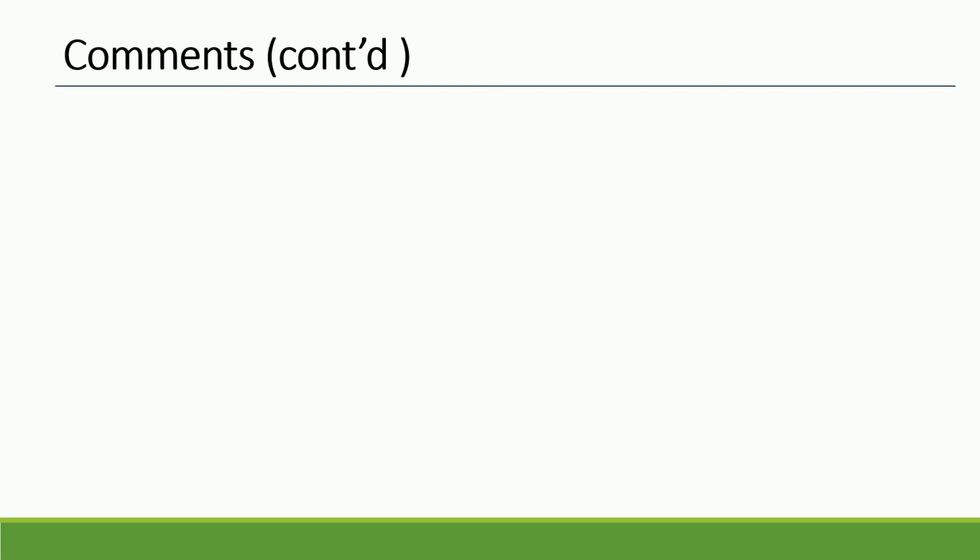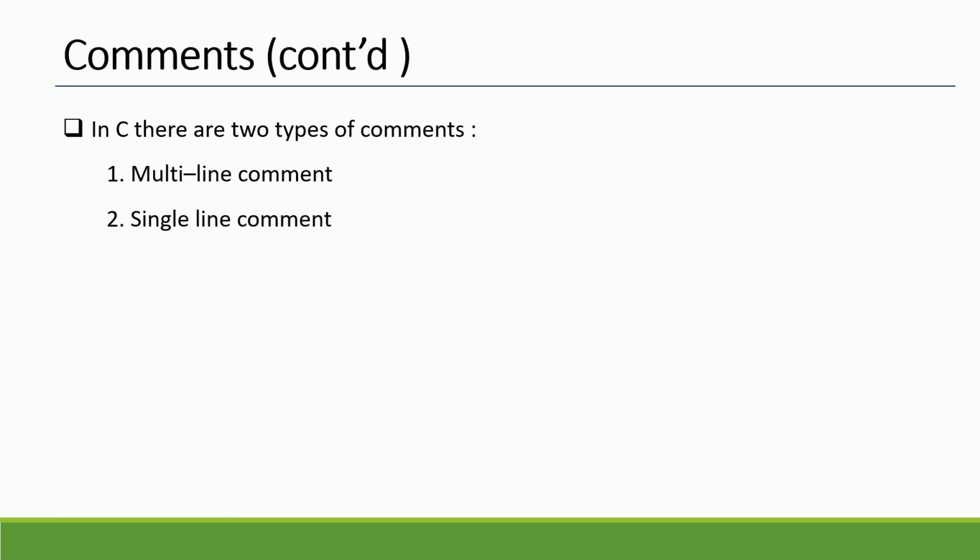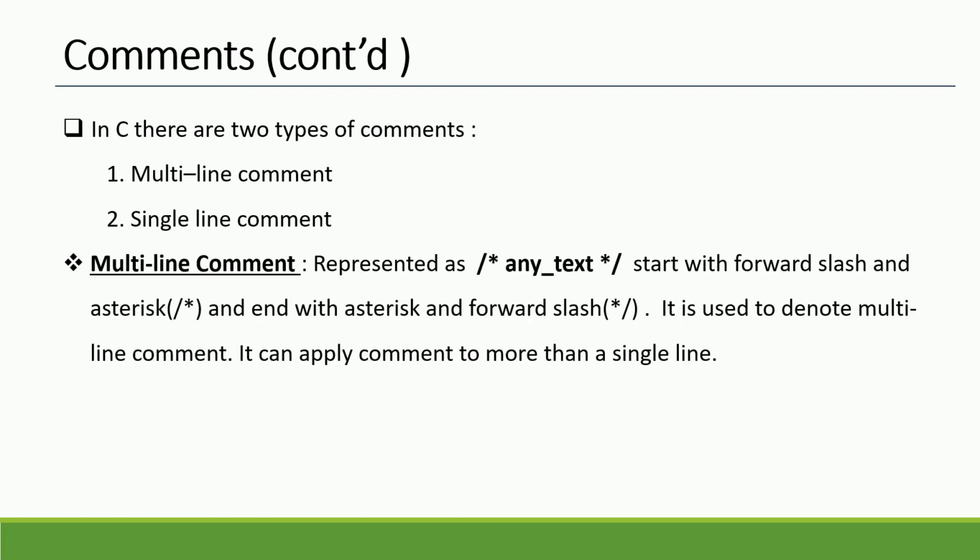Here are a few things that you must remember while writing comments in a C program. There are two ways to add comments. In C, you can have either a multi-line comment or a single-line comment. Multi-line comments start with a forward slash followed by an asterisk. These comments end with an asterisk followed by a slash, without space.